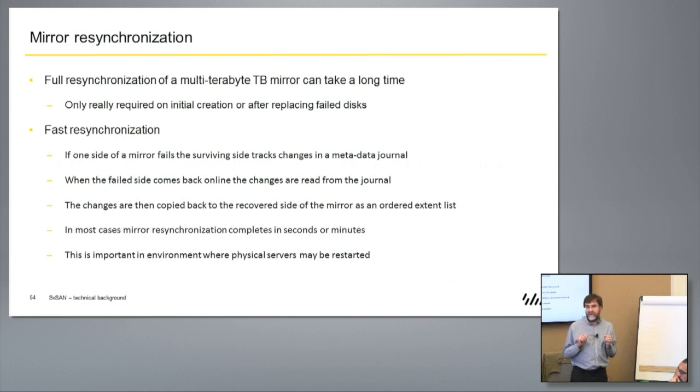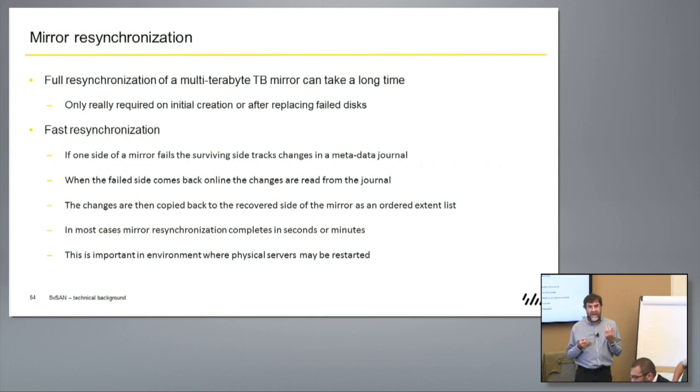What you really need to do is a fast resynchronization. You need to just track the changes that happen to the surviving side of the mirror while the other side of the mirror is offline, and once the failed side of the mirror comes back online, then you just need to replay those changes. So the way we do that is we basically maintain a journal when one side of the mirror is down, which just tracks the changes that happen to the other side of the mirror, and it's purely a metadata journal.